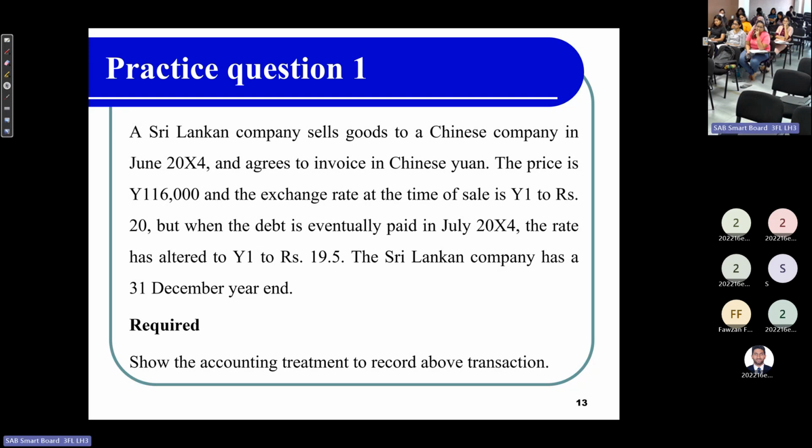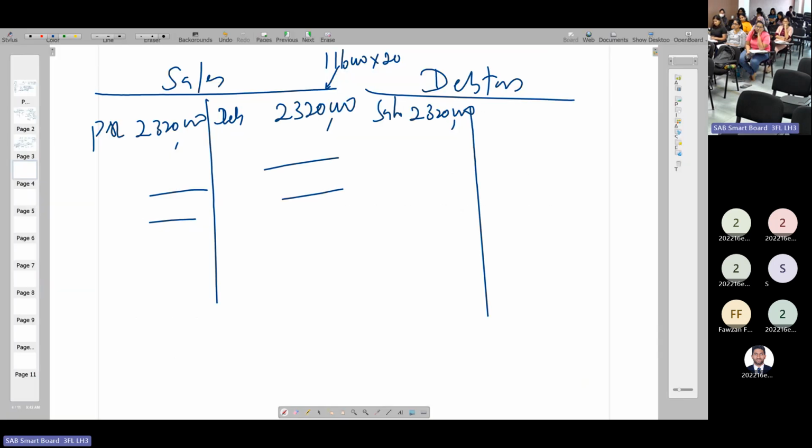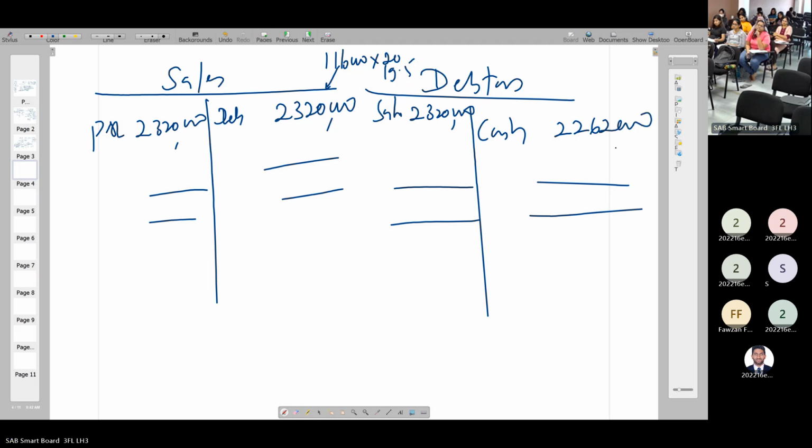So on that day the rate is 19.5. We are getting 116,000 into 19.5. Cash debit, debtors credit. The difference, 58,000, should be charged to P&L.